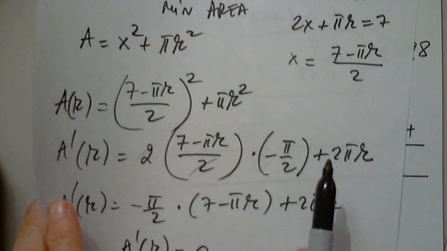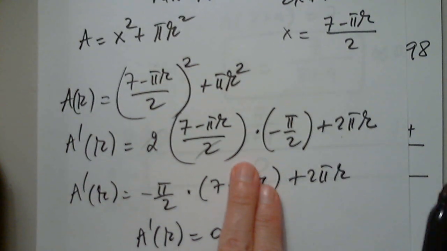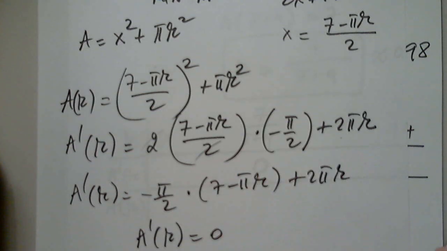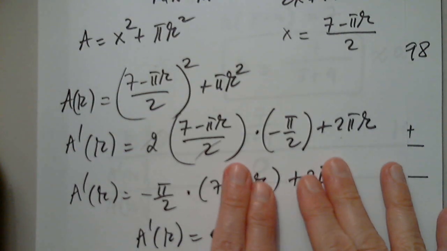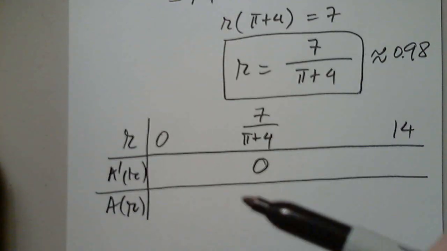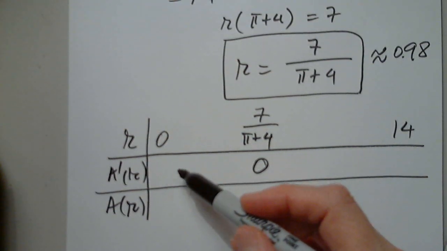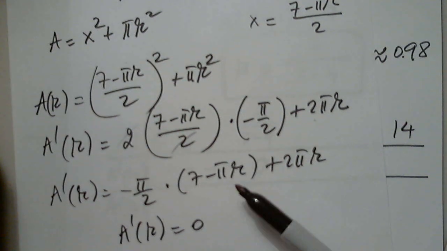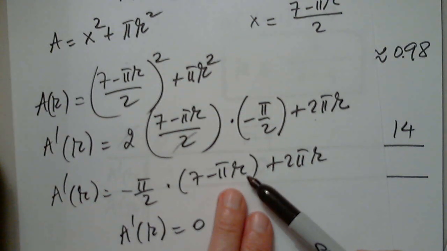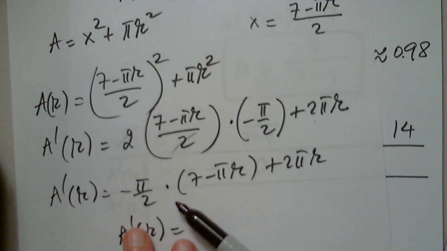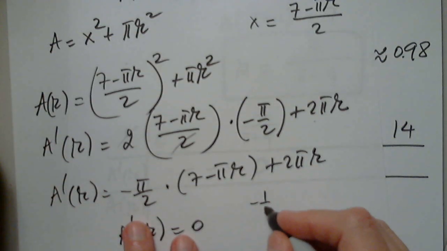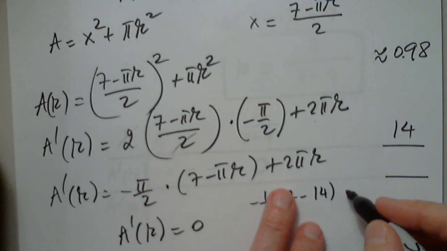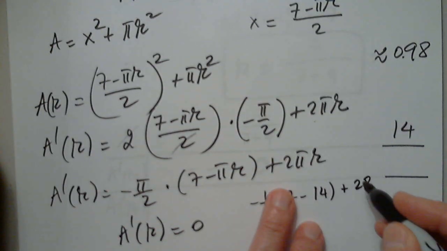When r is 0, when r is 14, negative 1/2, 7 minus 14 plus 28.